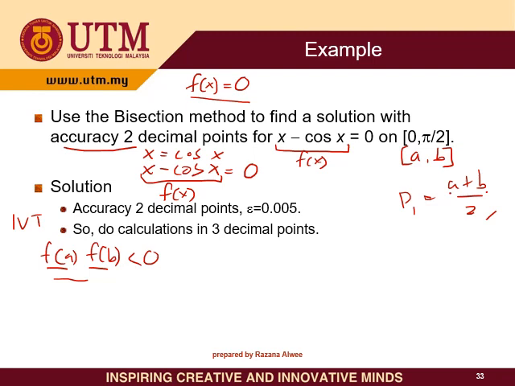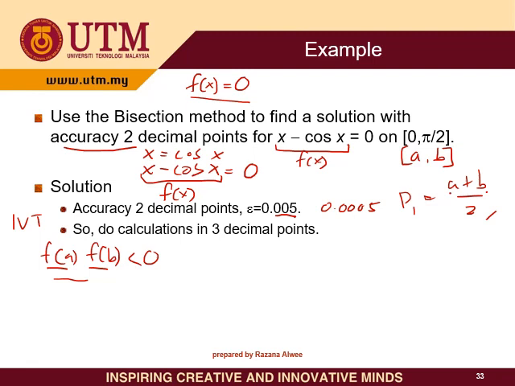If you go back to our chapter 5, the chapter on error, 2 decimal points means 0.005. If 4 decimal points, 0.00005. Go back to the previous chapter and see how we calculate the 2 decimal points.